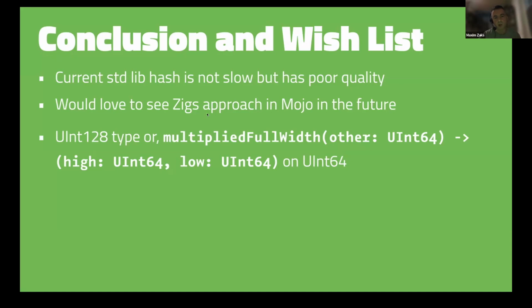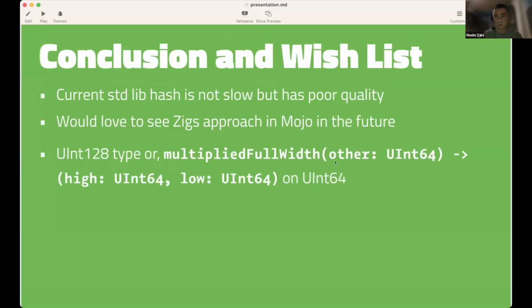So what I would love to see is this approach where we have multiple hash functions, and one thing on my wish list is a uint128 type, or at least a full-width multiply on the uint64 type. This is it from me then. I'm done. Sorry for taking too long.